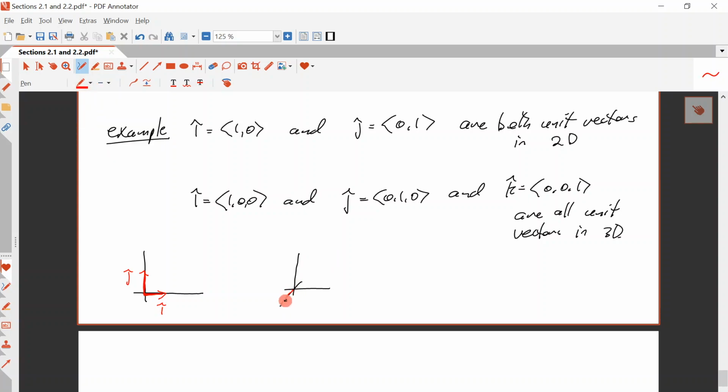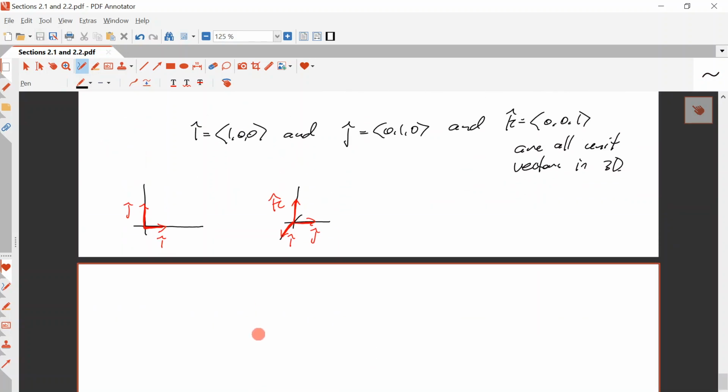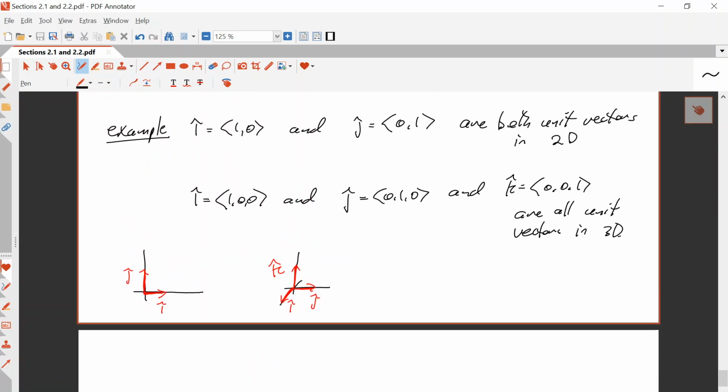And here, i is right here, j is right here, and k is right here. Okay, so those are unit vectors. They're sort of standard or elementary unit vectors, if you will.